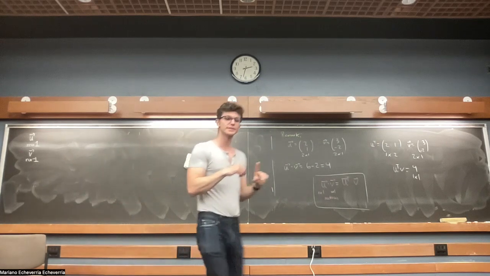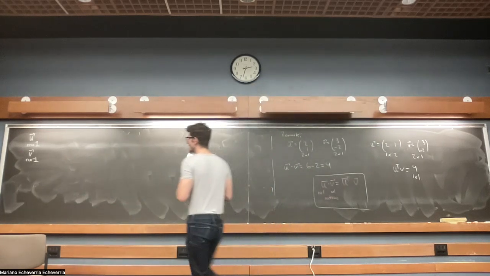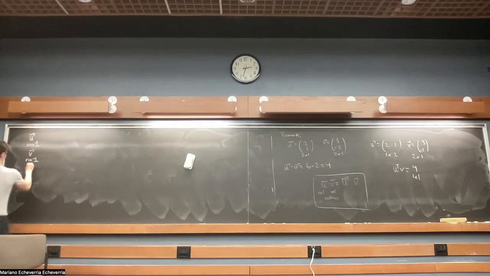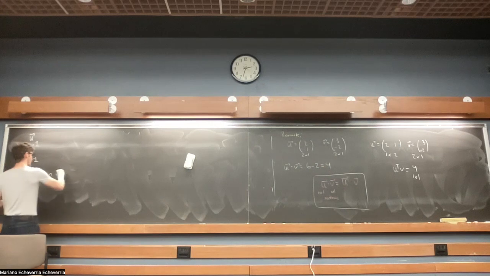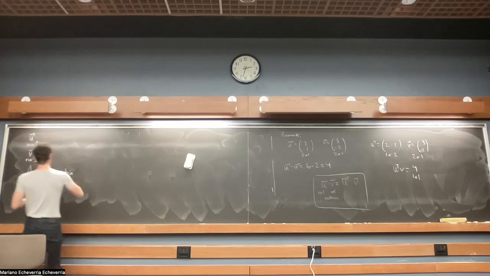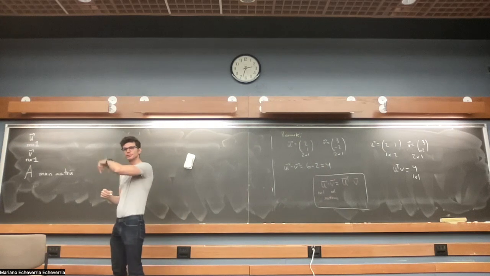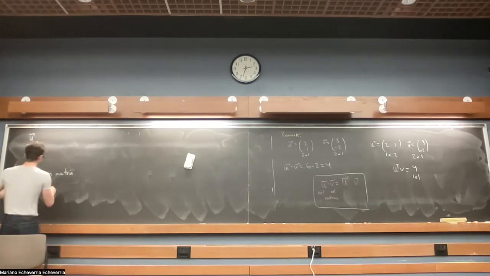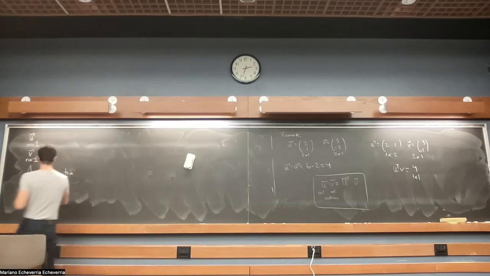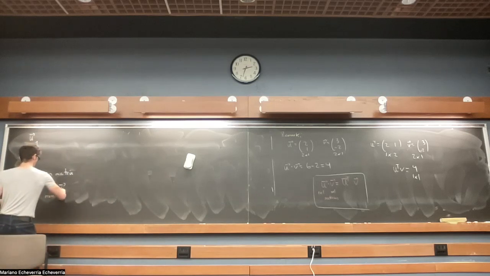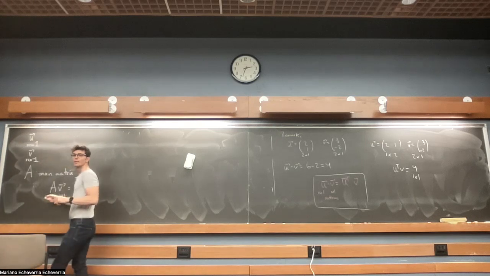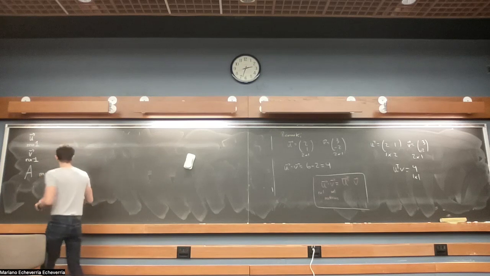But what you can do is, if you take a matrix A, which is size M by N, you can use this matrix to relate the two, because now you can do A times V, right? And what's the size of A times V? So this would be an M by one vector, right?